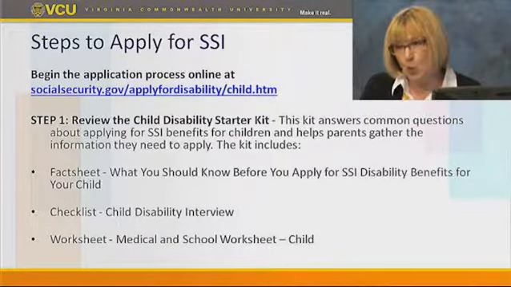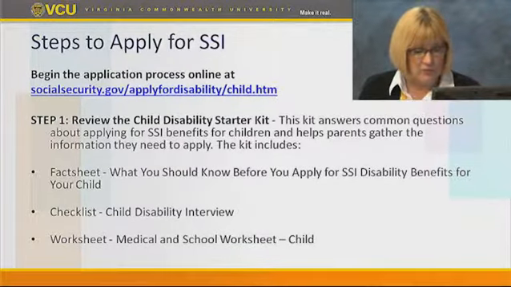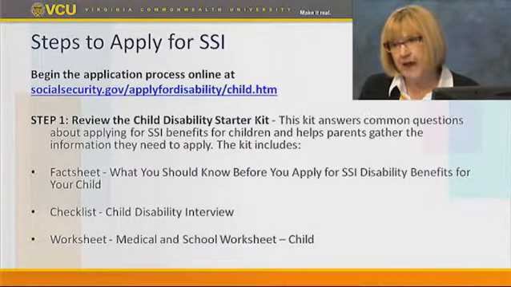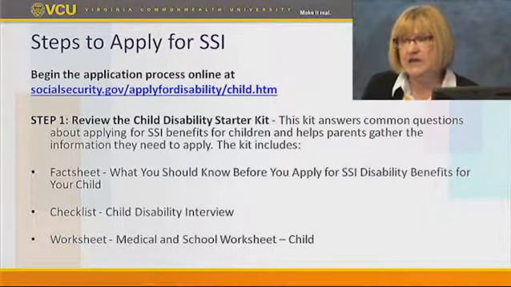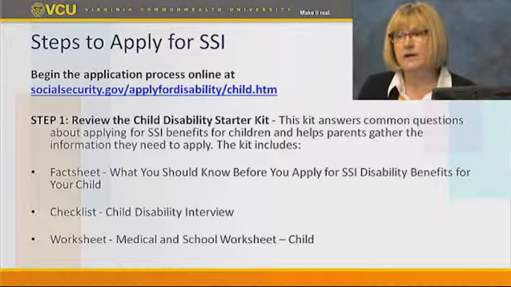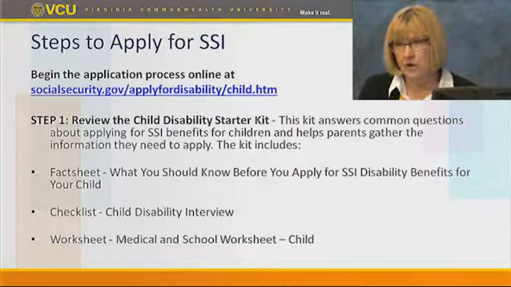And finally, there's a medical and school worksheet for the child, and that worksheet helps the family organize the information that Social Security needs to process the claim, contacting those doctors, the teachers, and all of that.